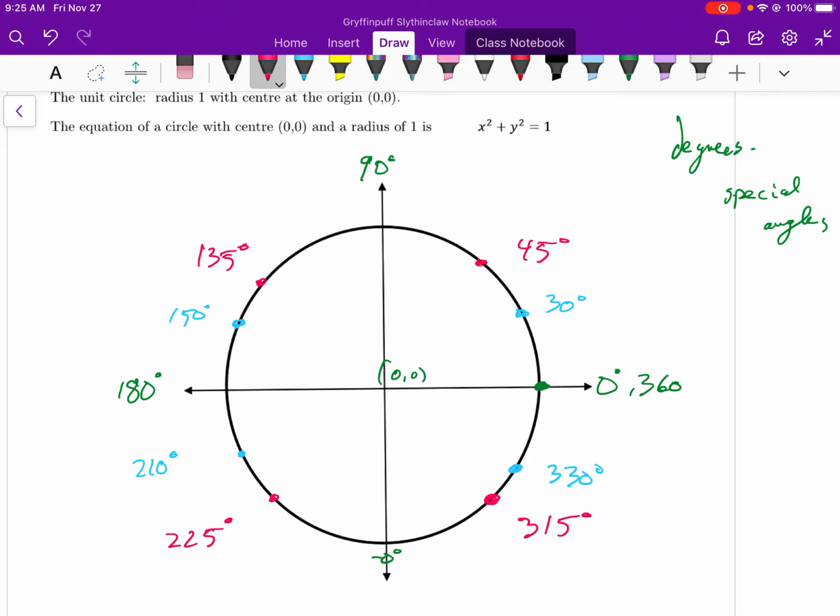I could figure this out very quickly by saying, well, I'm 45 degrees away, so 180 minus 45 is 135. For quadrant 3, I can go 180 plus 45, which is 225. Or for quadrant 4, 360 minus 45.